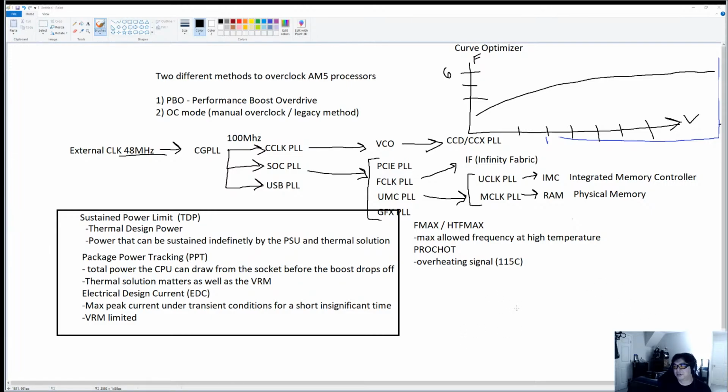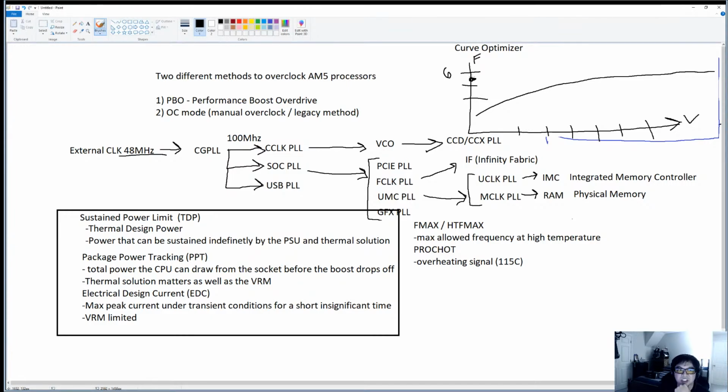The only other thing I want to touch on about curve optimizer, because all of this is considered overclocking, is that curve optimizer is part of Performance Boost Overdrive. When you're using it, you're trying to fine-tune the voltage for a given frequency.